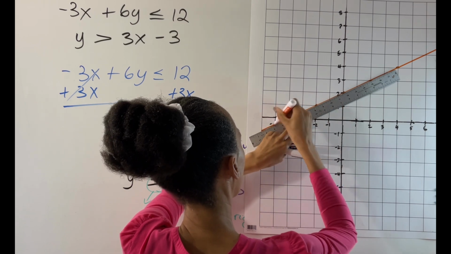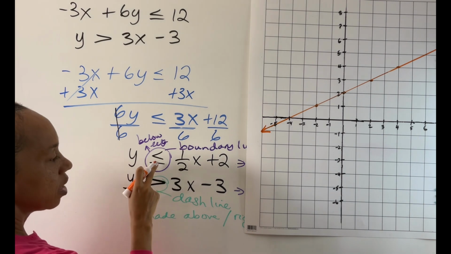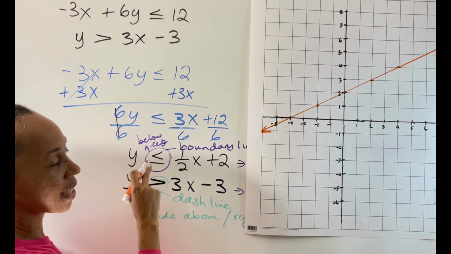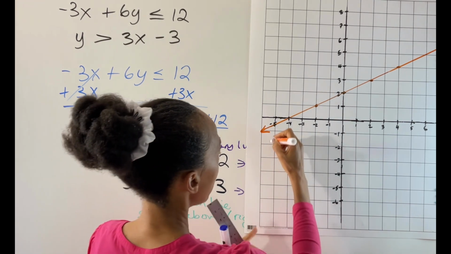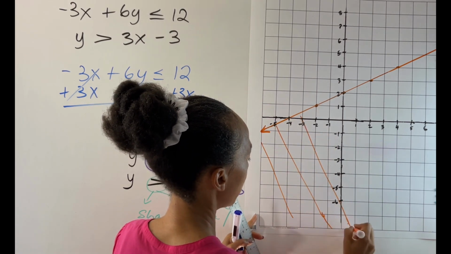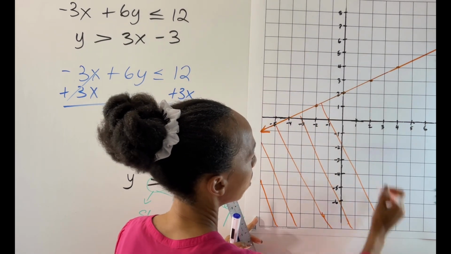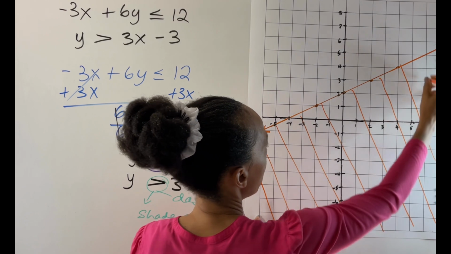So you will apply your arrows there. The inequality symbol is less than or equal to, so you are going to shade below. Anywhere in this area we shade below, go to the edge of the grid line. If you're using graph paper, go to the edge of your graph paper and shade below.